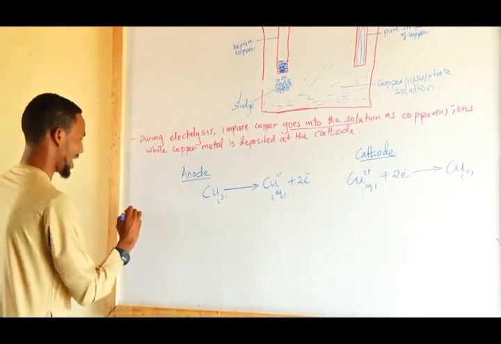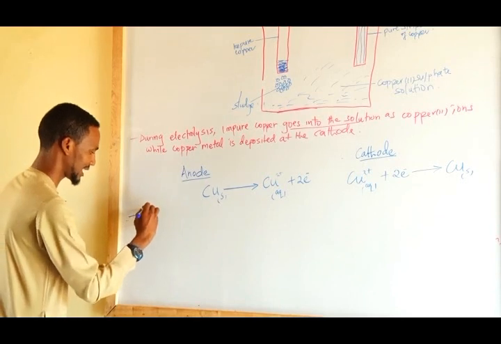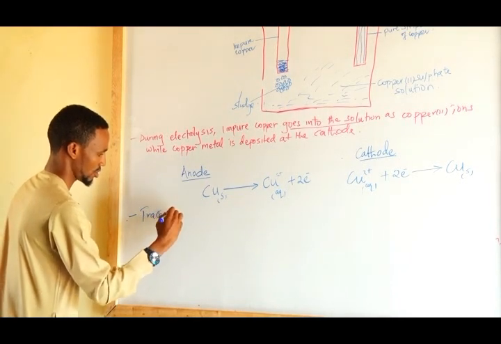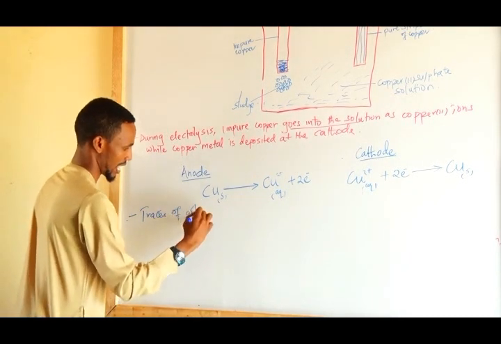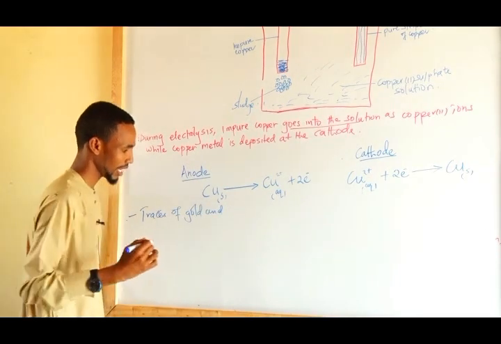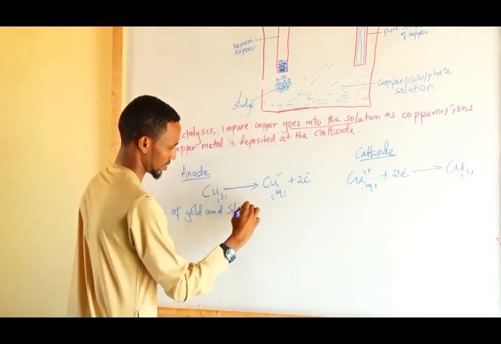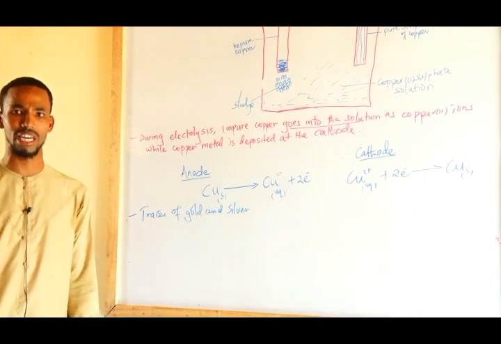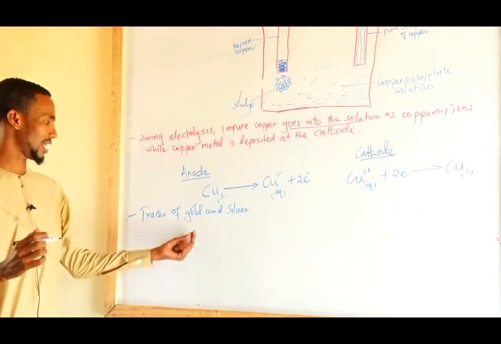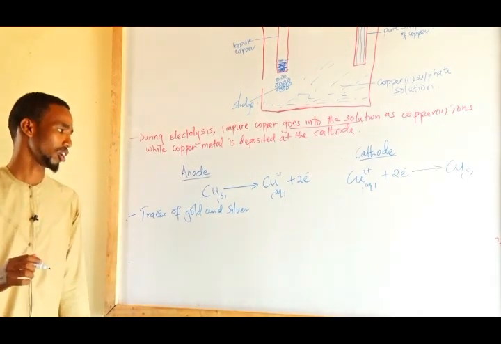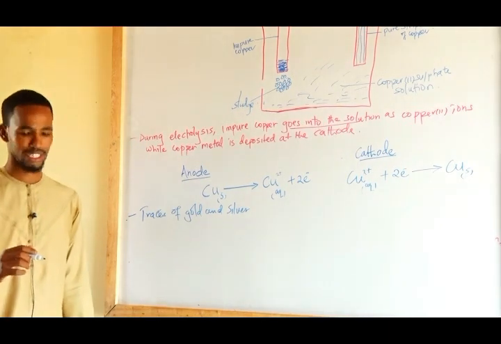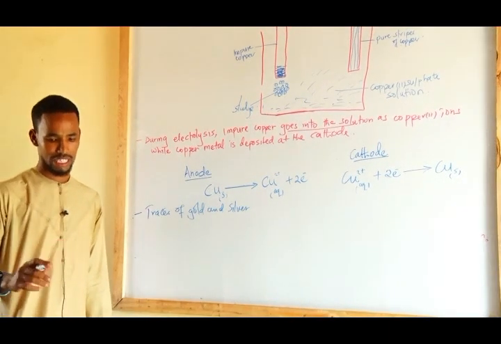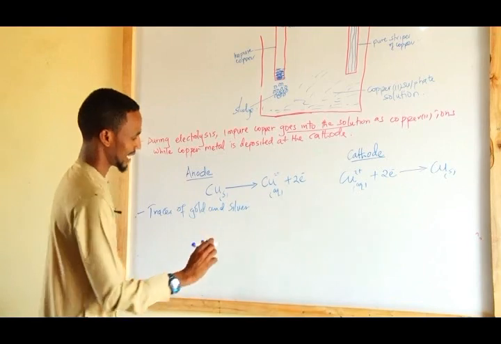Now, finally, the traces of gold and the silver. Yes, these were the major impurities of the ore called copper pyrite. These ones collect as sludge.